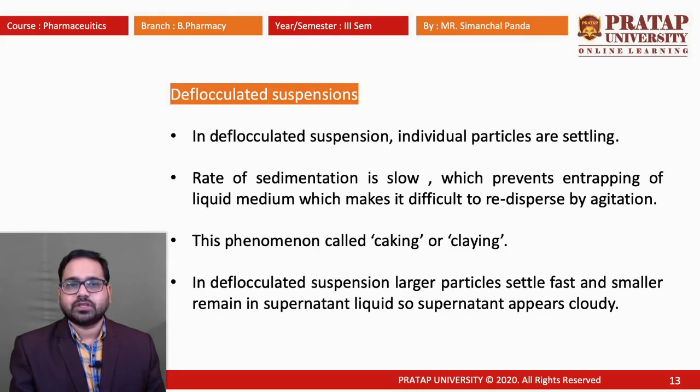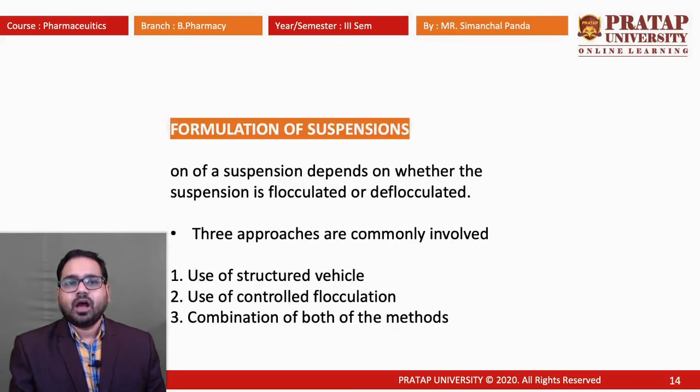So once these ions come close to each other, they will start to repel each other and not allow sedimentation, and the rate of sedimentation will be low. In deflocculated suspension, we can see the F value is generally 1, that is, the initial volume will last as the final volume.